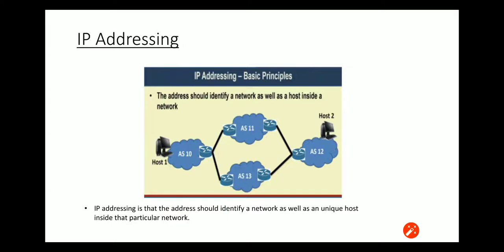So this entire hierarchical way is helpful to uniquely identify a person in a postal mail. Similarly, this hierarchical way will help to uniquely identify a host in a network. So let us look into how this basic hierarchy of addressing is done in IPv4.